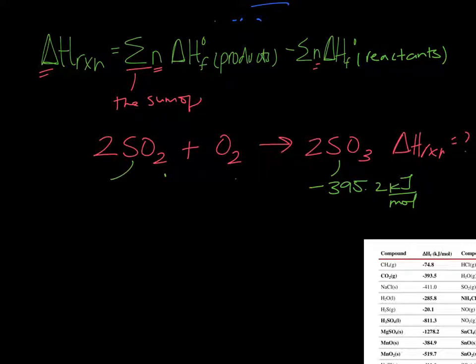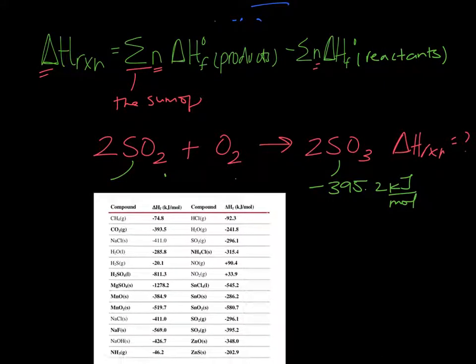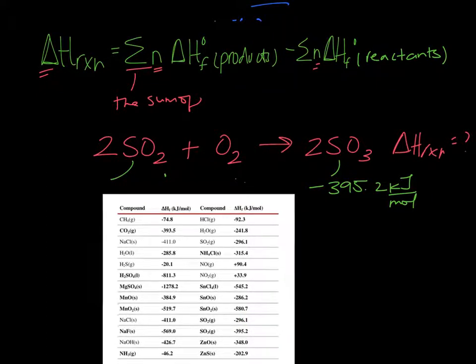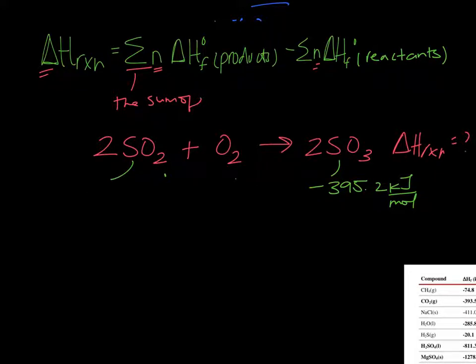And then SO2 we found to be negative 296.1 kilojoules per mole. And then oxygen is 0, right? Because it can't be formed from its naturally occurring elements. So it's going to be negative 395.2 times 2, because this is per mole, and we've got 2 moles in this reaction forming. That's what this N stands for. It's moles.